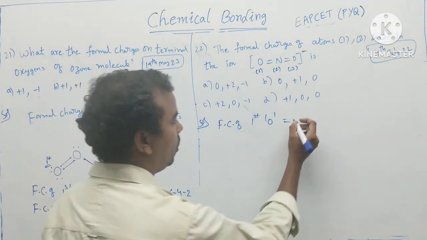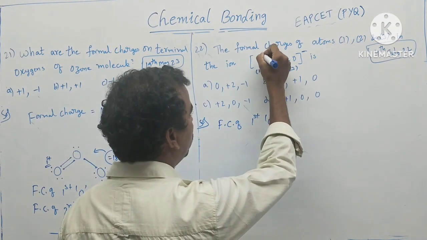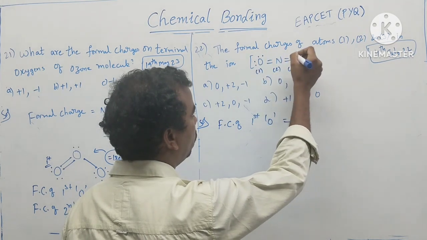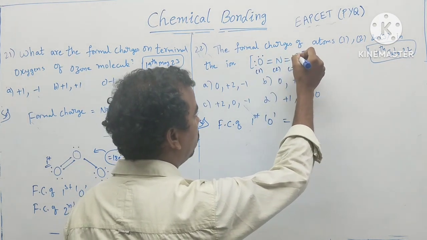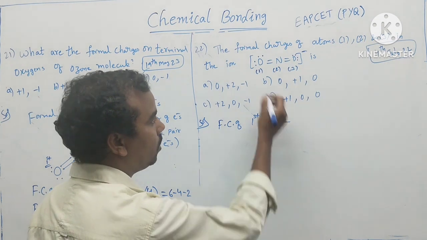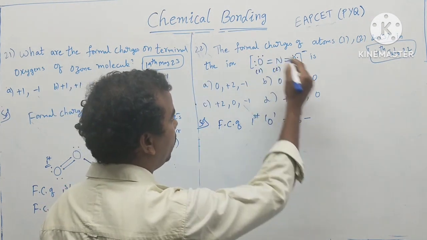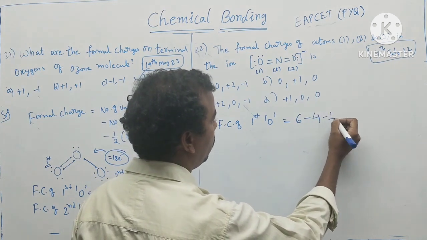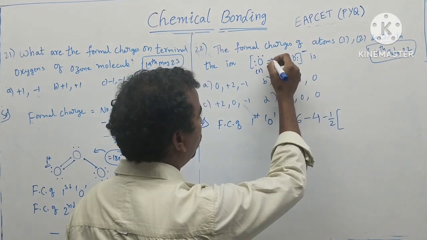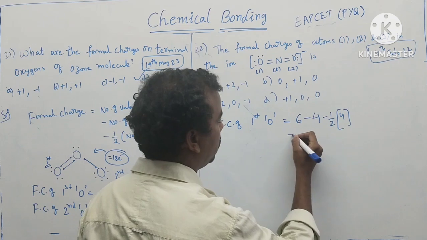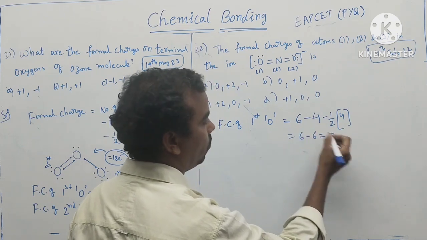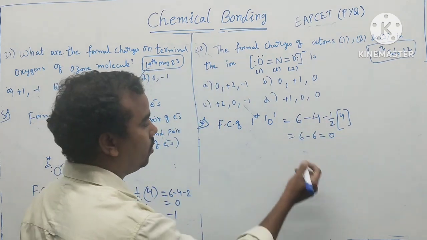Here there are 2 lone pairs, and here no lone pairs. For the first oxygen atom, 6 valence electrons minus the number of lone pair electrons, so 4, minus half into the number of bond pair electrons, 1 2 3 4. So 6 minus 4 minus 4 by 2 means 2, so 0.